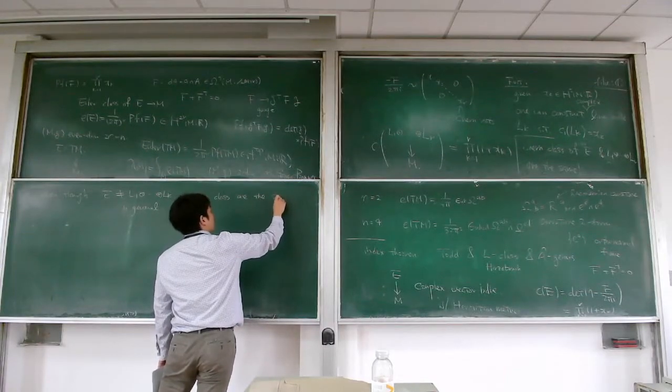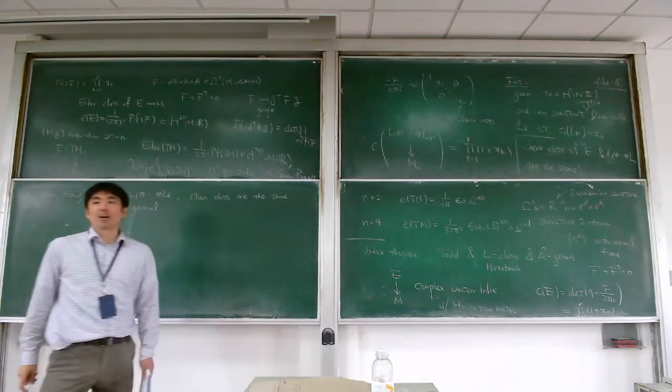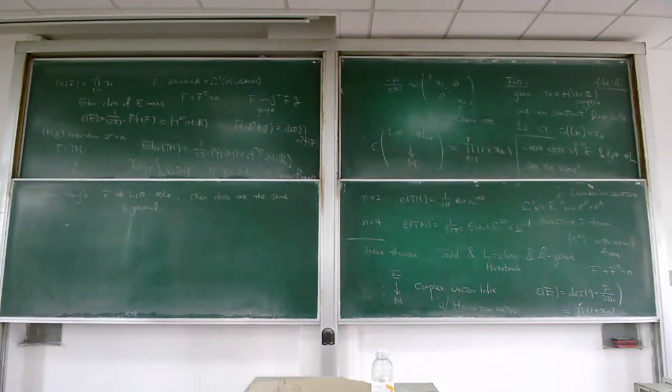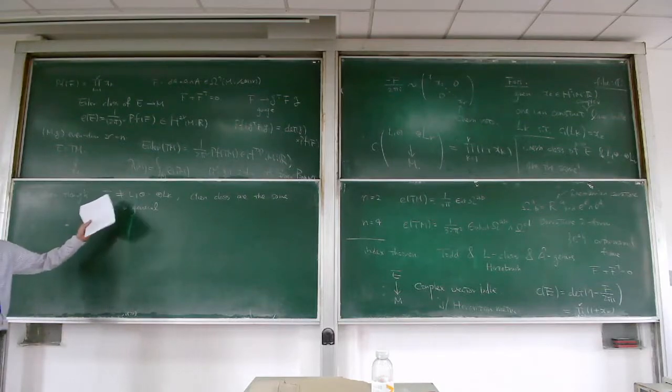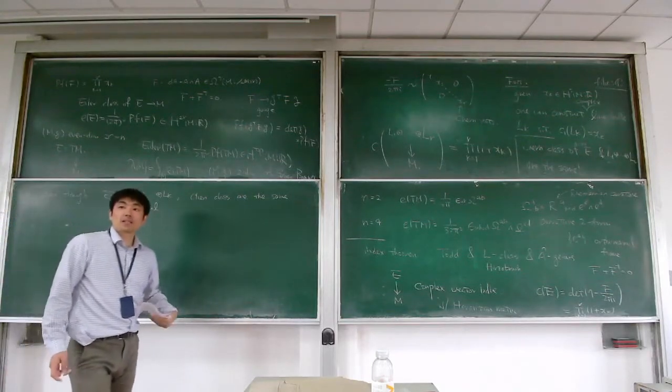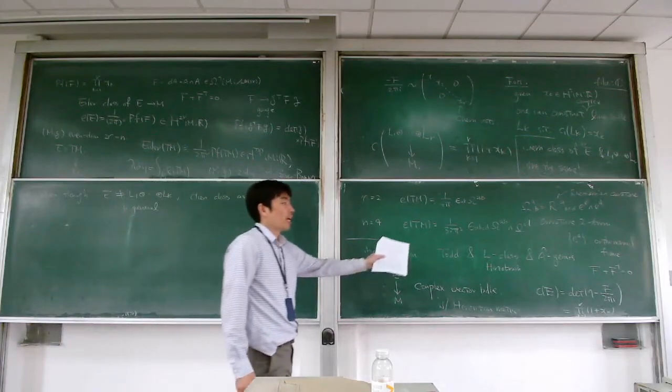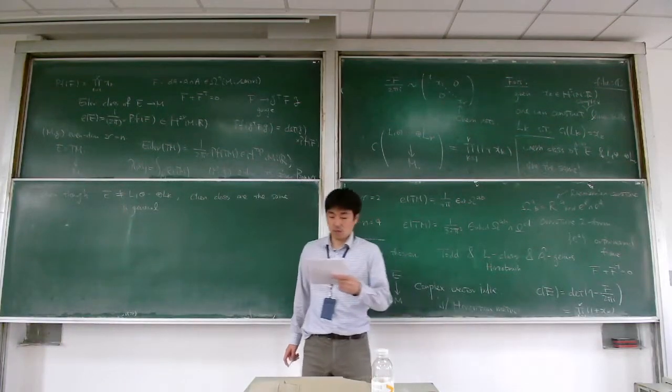Namely, the Chern class is not a strong topological invariant. Even though they are not isomorphic as vector bundles, the Chern classes are the same.